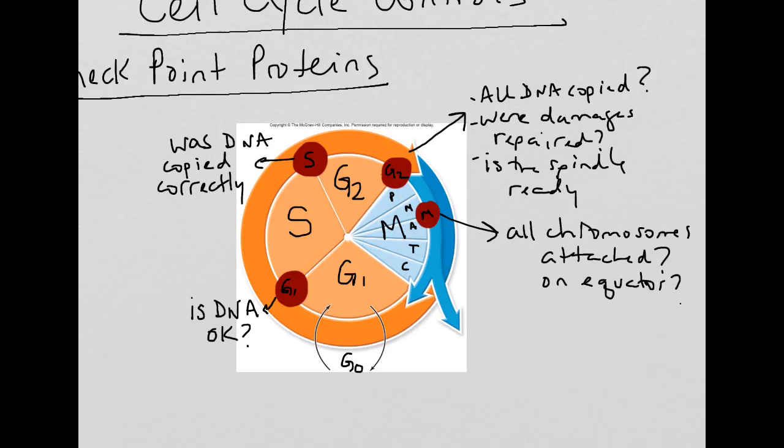Okay, so those are the places that proteins check, and if there is a problem with any one of these, then it's the protein's job to halt mitosis. So if we fail a checkpoint, then the cell cycle should stop.